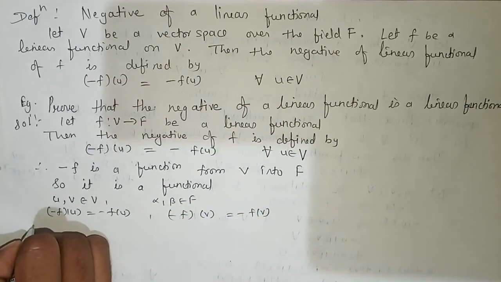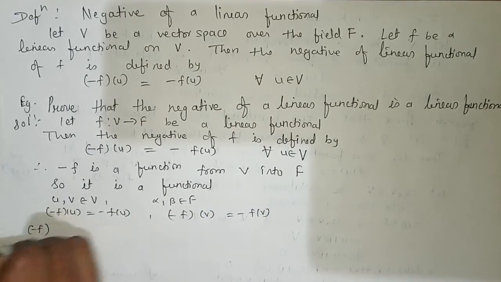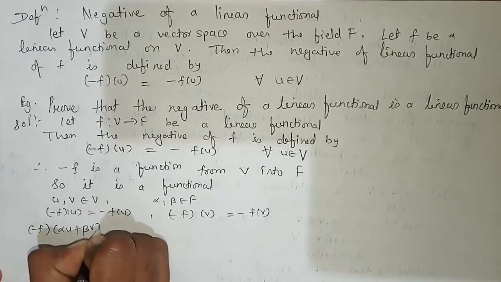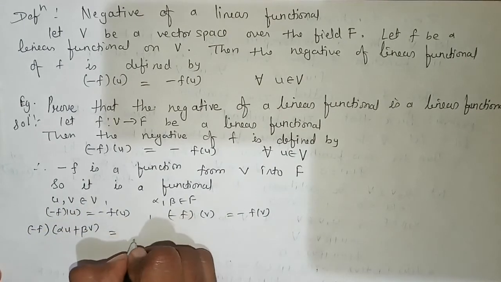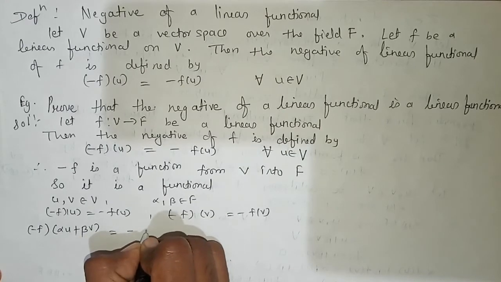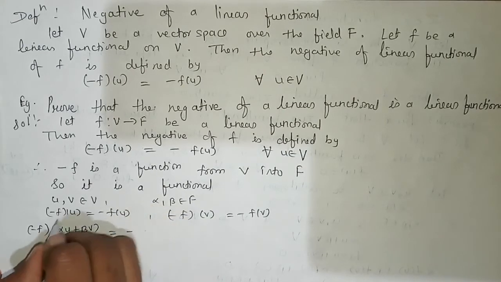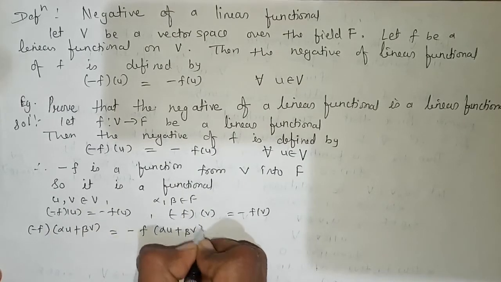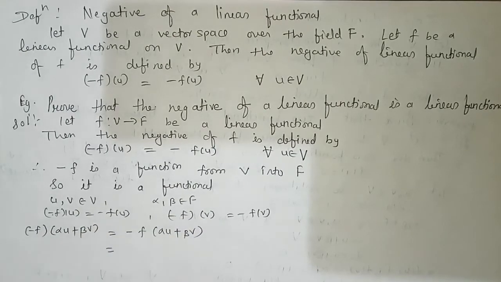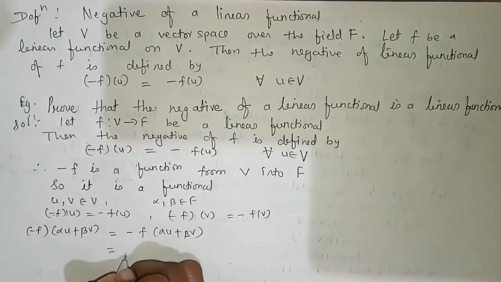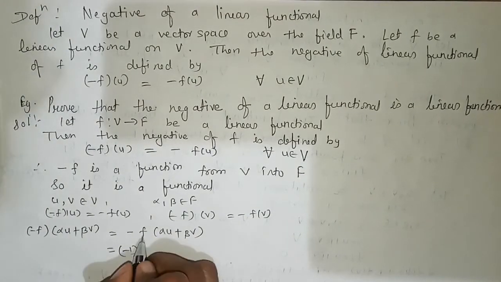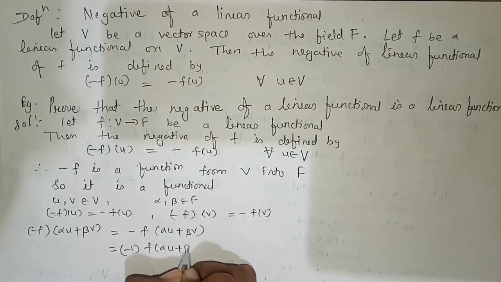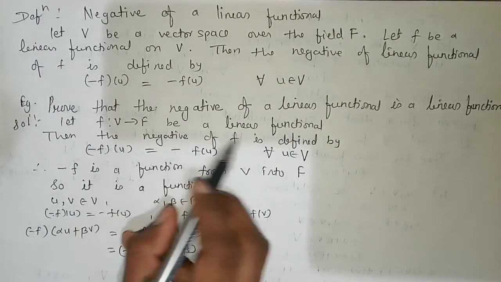So we take the left hand side as (minus f)(alpha u plus beta v), which is defined as minus f(alpha u plus beta v). If we see this minus as a scalar, minus 1 into f(alpha u plus beta v), then we know that f is a linear functional.